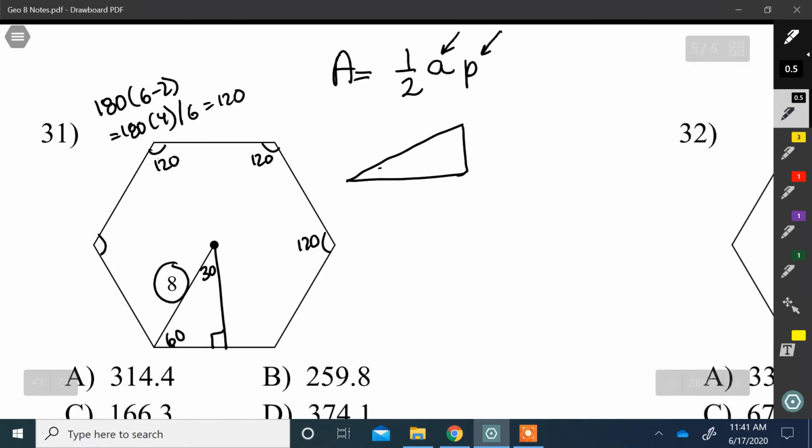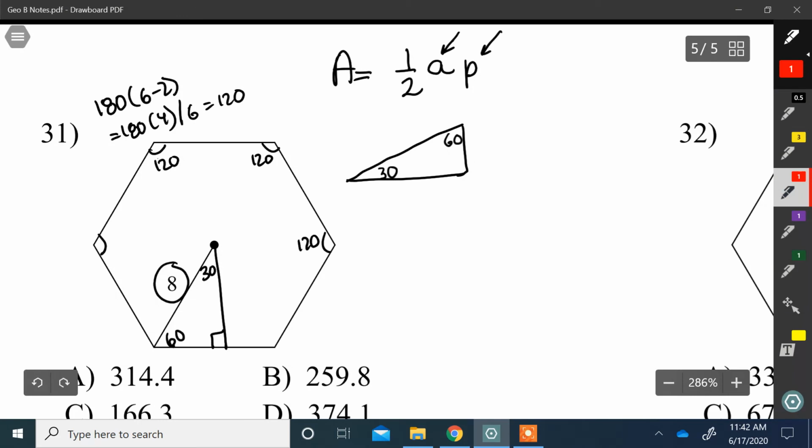So again, this will be my 30, this will be my 60. If you want, I can match it with colors as well. Let's see if I can do this well. This one matches with that one right there. This right here, it's this one. This one here matches with that one right there.